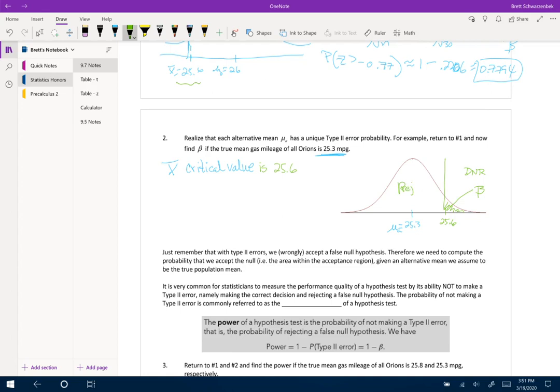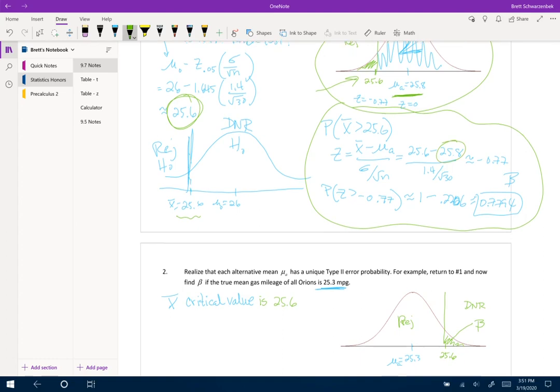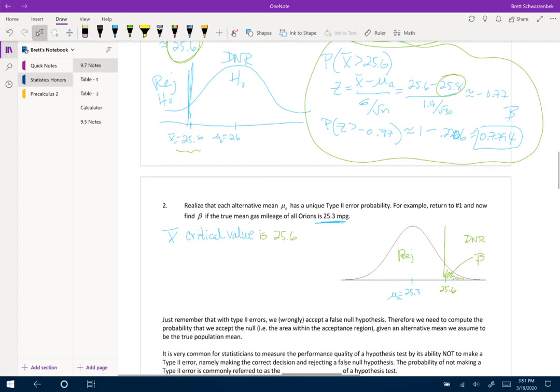So how do we do something like that? Well, we're basically following the same process as over here, but doing it as if we have a new mean of not 25.8, but 25.3. So we're essentially copying that entire process. We find our z again, which is going to be 25.6 minus 25.3 over 1.4 divided by root 30.